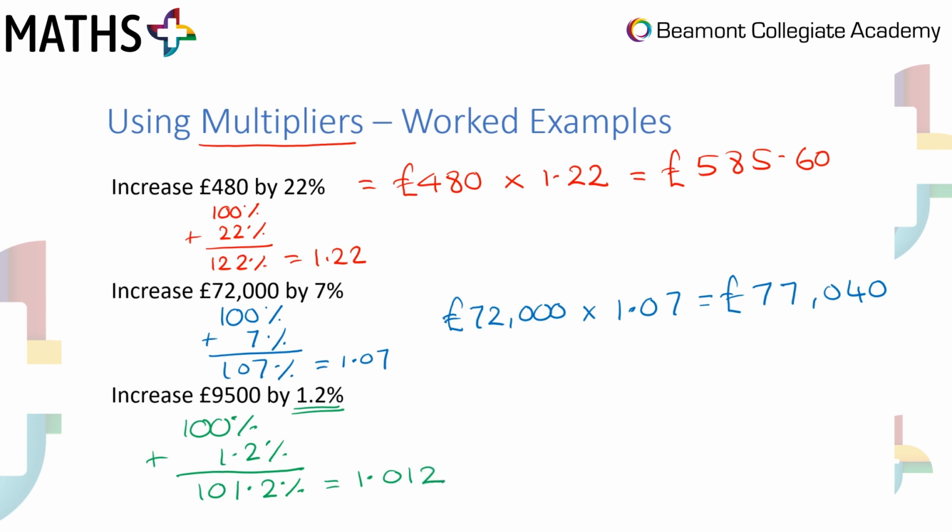So really important we get that multiplier right, 1.012. So 95,000 times by 1.012. Again, working out the answer is almost the easy bit. So that gives me £96,140.